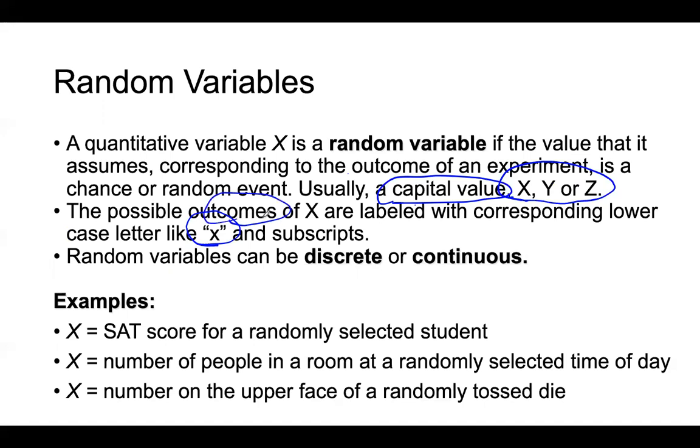These would be the outcomes. So for example, the probability that the random variable X is equal to small x, where this is the outcome, and this is the random variable.